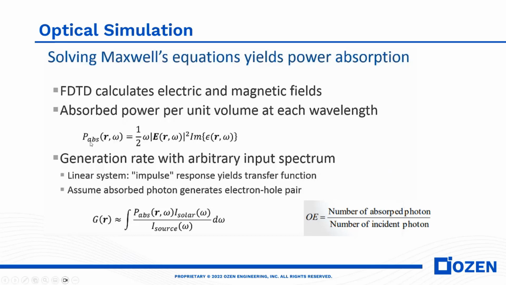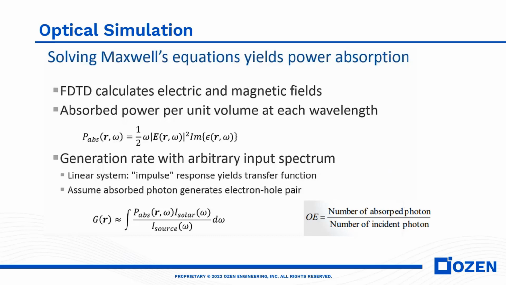Then, by assumption, because our system is linear, we can calculate the transfer function of the system by the impulse response. And by that we can calculate the photon generation in our structure.